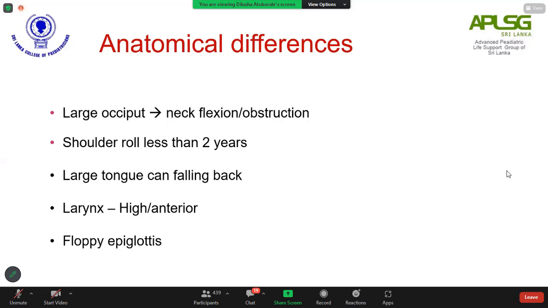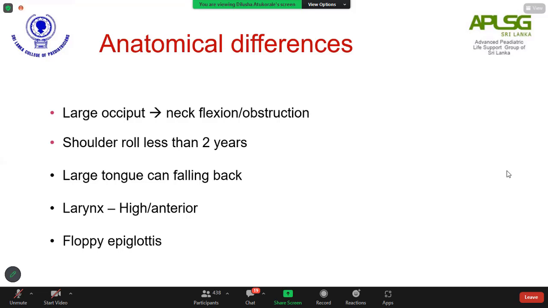That's why we always encourage keeping a shoulder roll for children of less than 2 years of age when managing their airway. And young children have a relatively larger tongue when compared to the oral cavity, which can fall backwards and cause further upper airway obstruction.